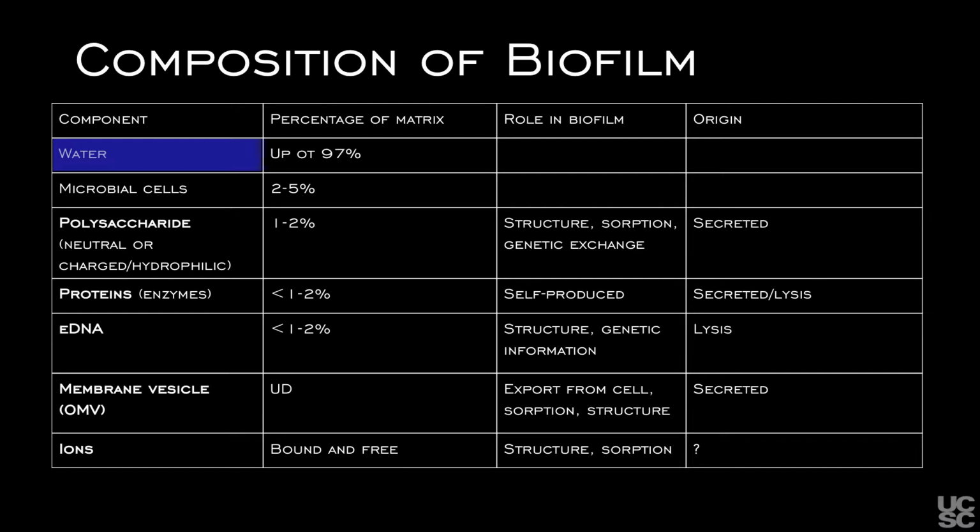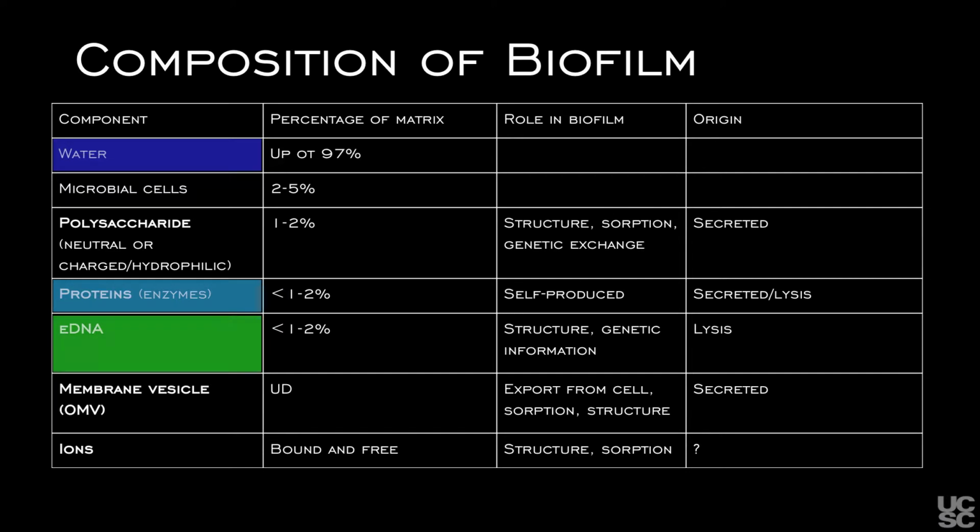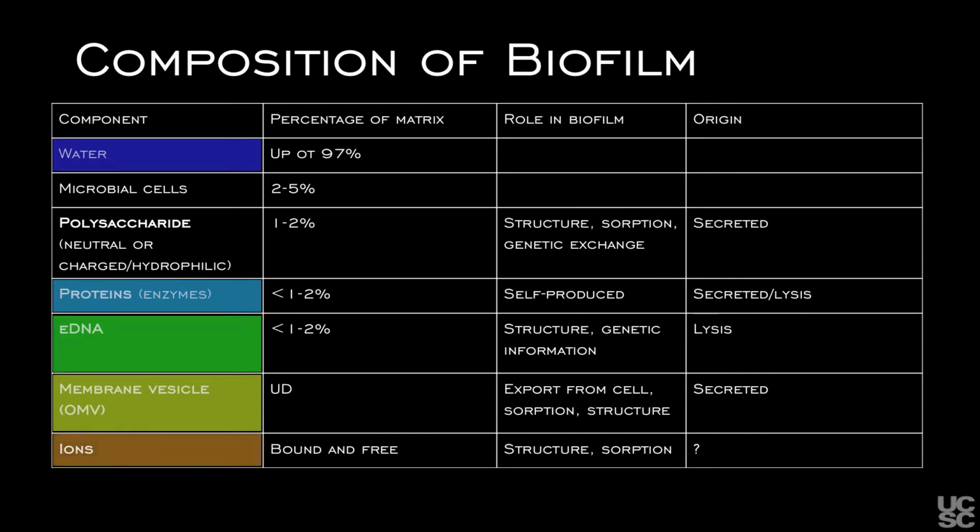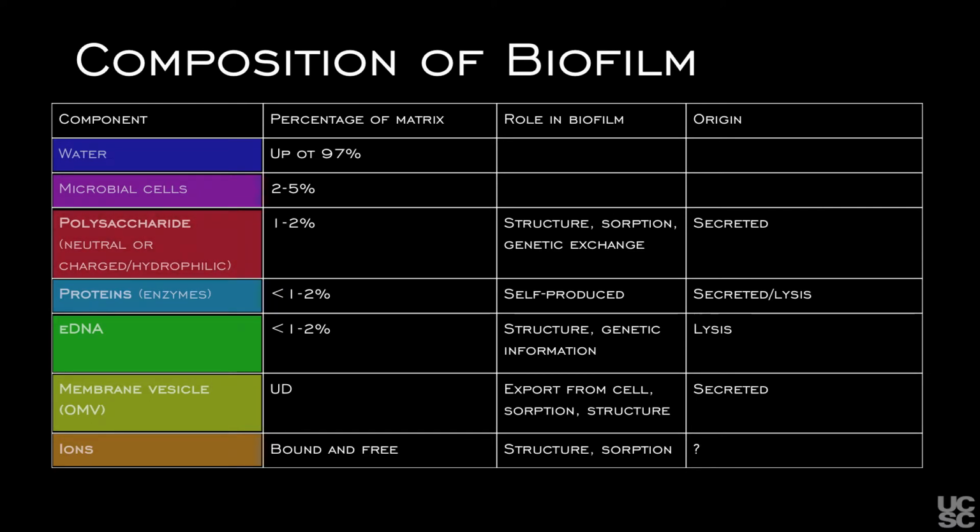In fact, biofilms are highly hydrated, and we can have up to 97% water in biofilm. We also find proteins and extracellular DNA or eDNA. We also have outer membrane vesicles or blebs and ions in bound or free form. All of these provide charges to the structure and could affect the penetration of some antibiotics.